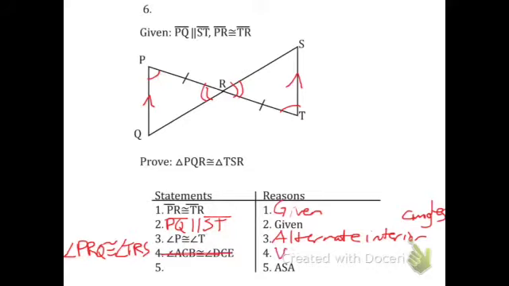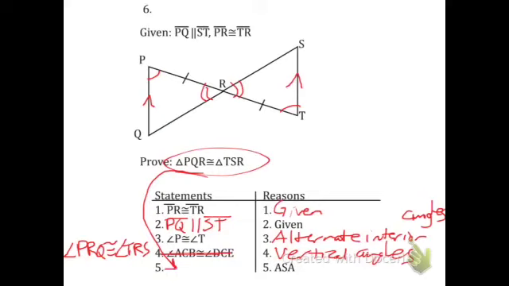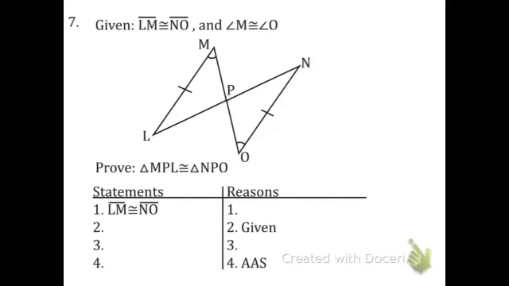And we know that because they're vertical angles. They're opposite angles when two lines intersect, so the vertical angles are congruent. And we know by angle, side, angle that these two triangles are congruent. So that statement's going to go right there. That's what we've been working on. Okay. We'll stop there.